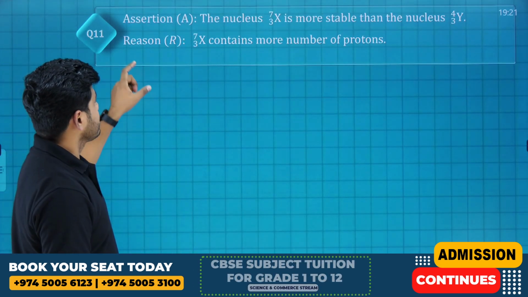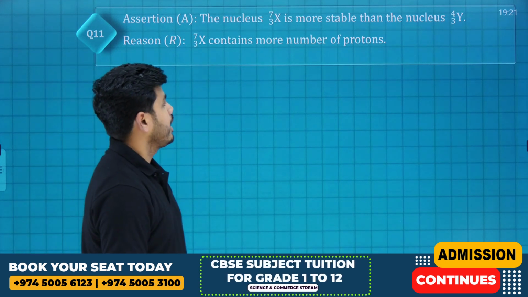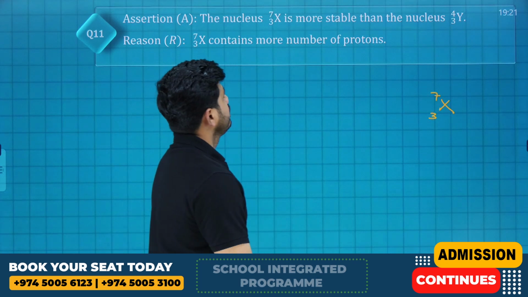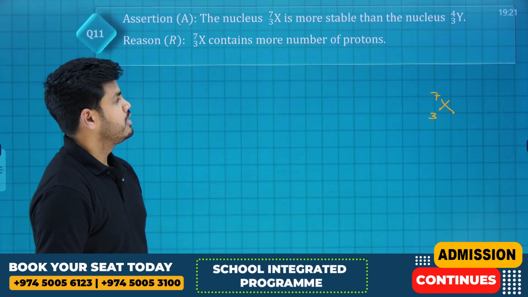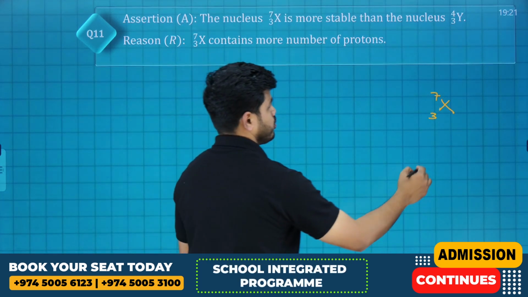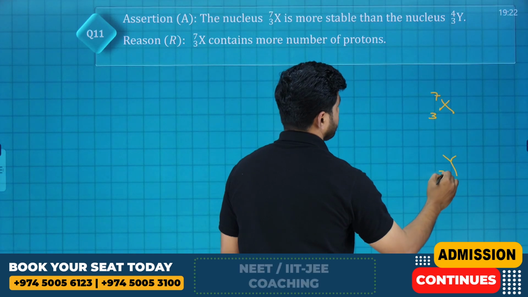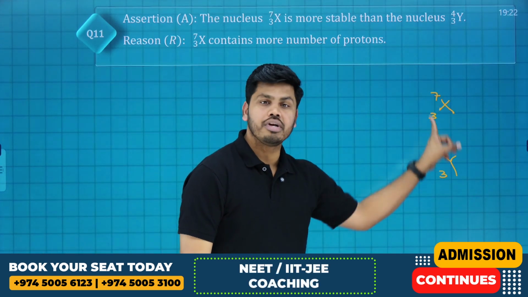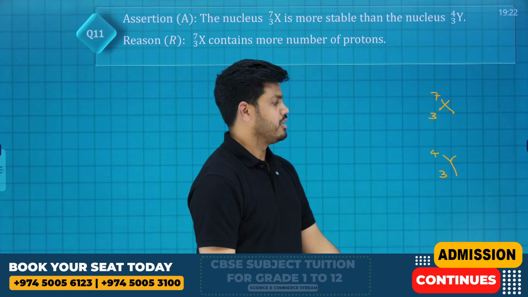The assertion statement says, the nucleus X, 3 and 7, is more stable than the nucleus Y, 3 and 4. So these are the two nuclei given for comparison, right?